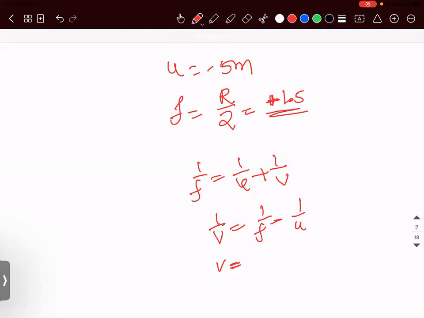Then it's 0. So, do it. 10 by 15. Other one is 3 by 15. Finally, 13 by 15. Right?